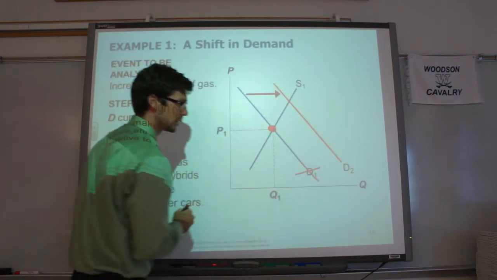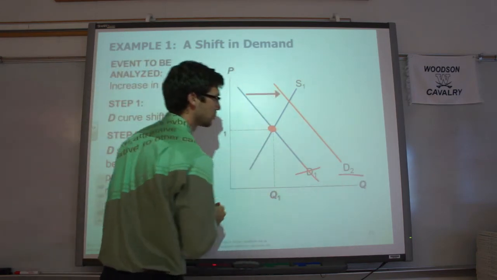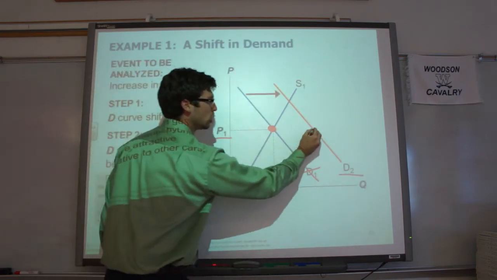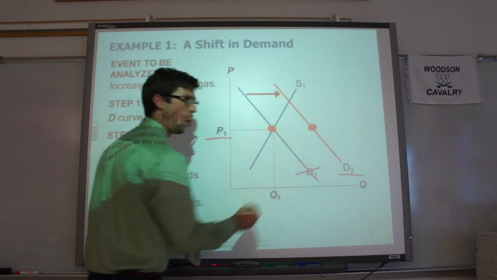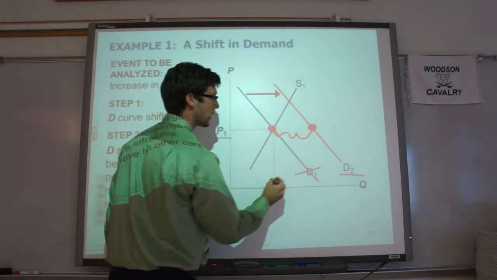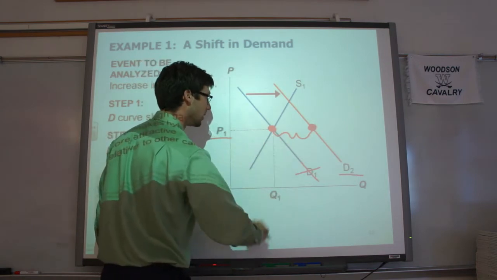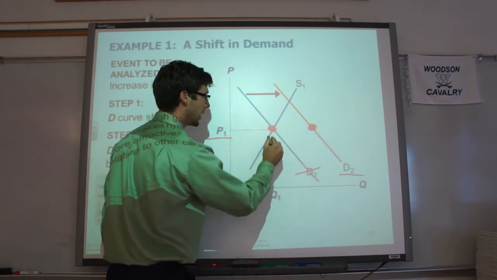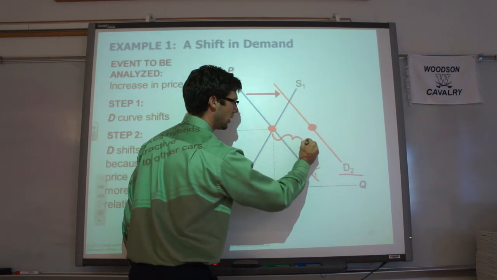Now this is moot, doesn't exist anymore. This is people's tastes and preferences. If the price is 1, look at how many people want that good. What would you call that? You would call this a, and sorry, I did that wrong, and that looks a little weird. I'm going to go back and, there we go.